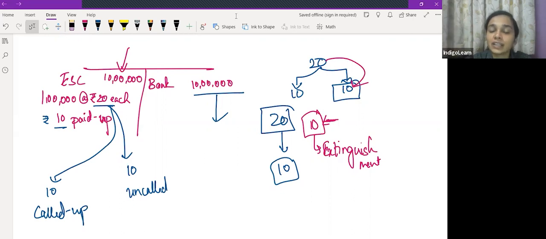So here the 10 rupees which was reduced was neither called up nor paid up, and that is the reason why we call this extinguishment or reduction in the liability.